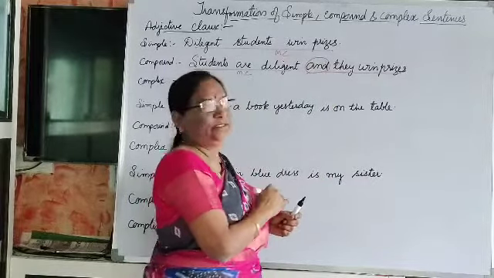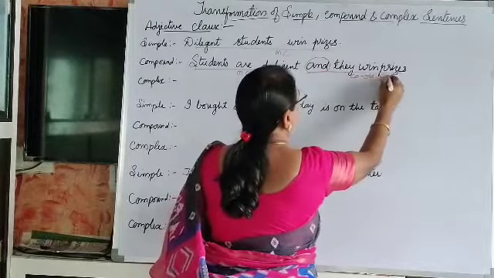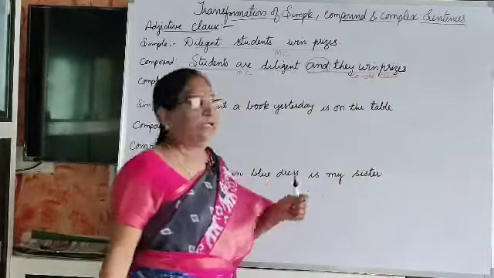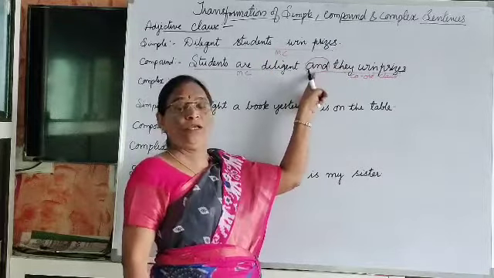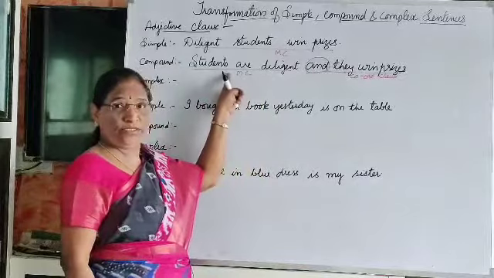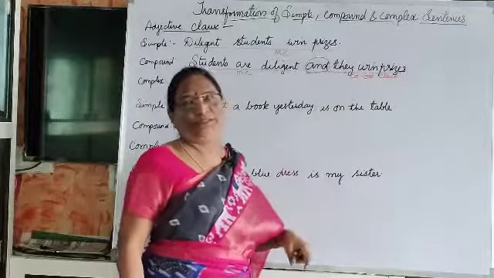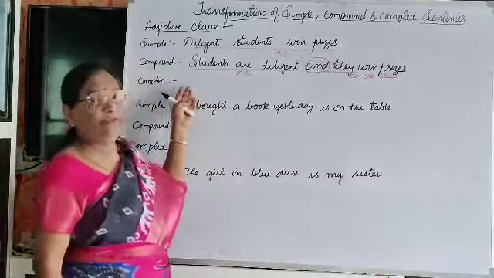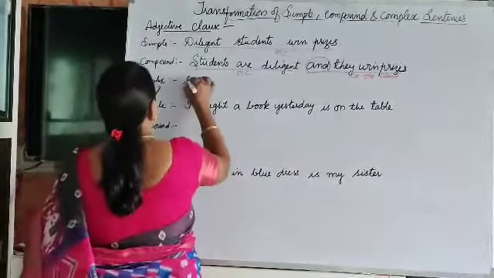Now this has become a coordinate clause. As we join these two sentences by using a coordinate conjunction, one is main clause and the other is coordinate clause. Understand? Now when we come to the complex, let us see the complex.